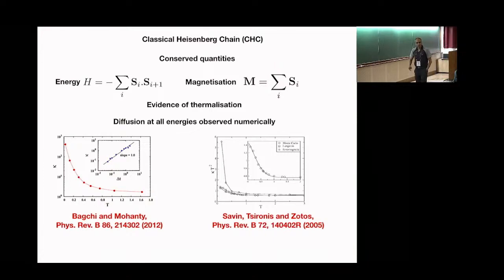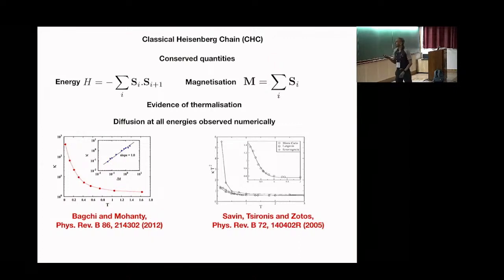Okay, so I mentioned that one can use the lack of integrability as a proxy for thermalization in the classical system, but one can do a little better than that and actually provide other pieces of evidence for thermalization. One of these is the presence of diffusion in this classical system, characterized by the existence of non-zero conductivities, which can then be converted into diffusion constants using some kind of Einstein relation.